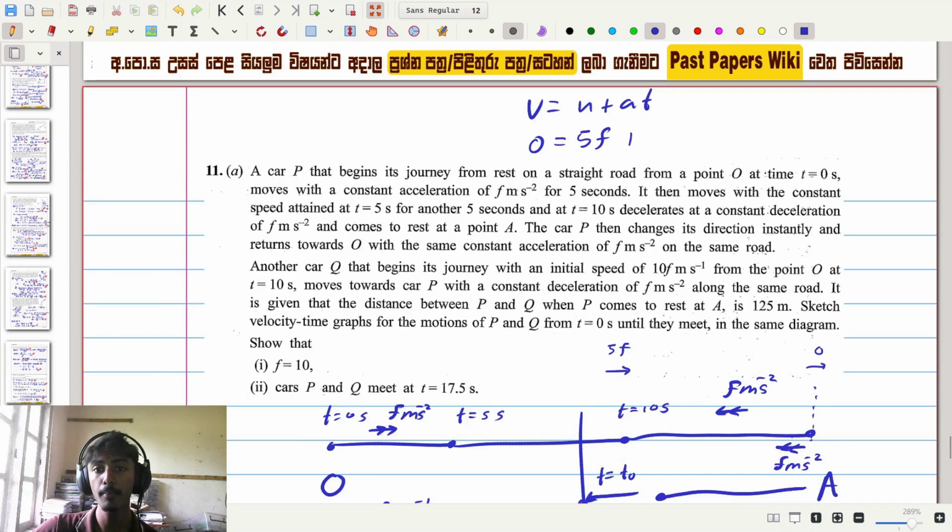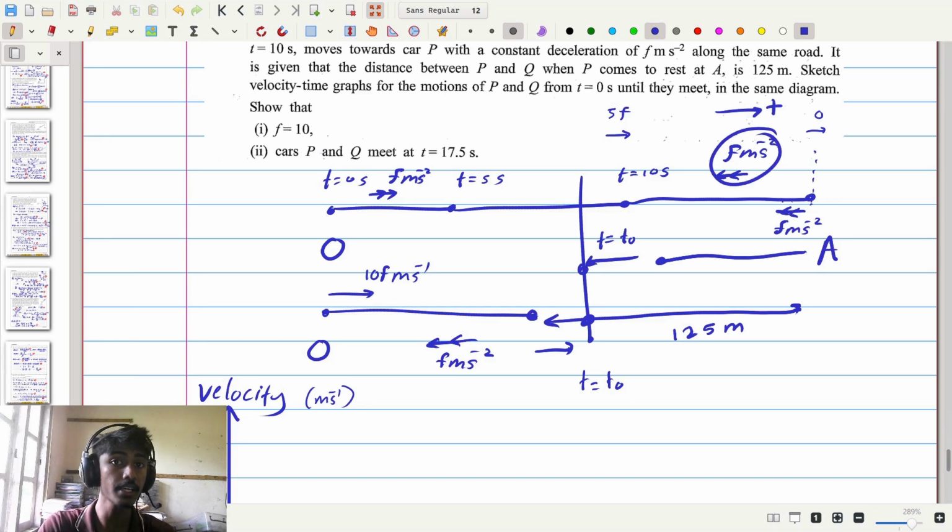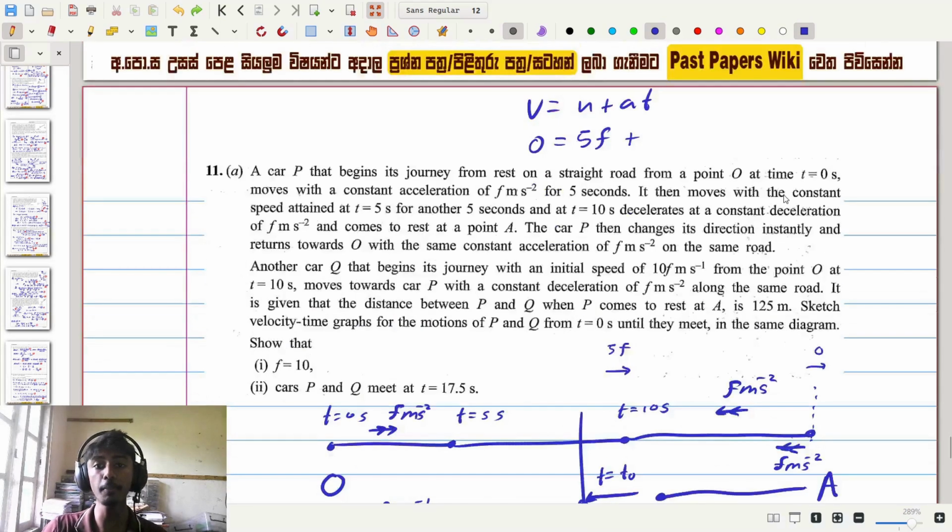So we have that plus at, and here, since our acceleration is actually a deceleration, meaning it's in the opposite direction of our motion, which is the positive direction, its actual value is negative. This way is positive, and therefore since we're accelerating in the reverse direction, the f here is negative. Therefore in our equation, when we substitute, we need to substitute this acceleration as negative f meters per second squared, and then that is multiplied by the total time taken to slow down until we get to rest.